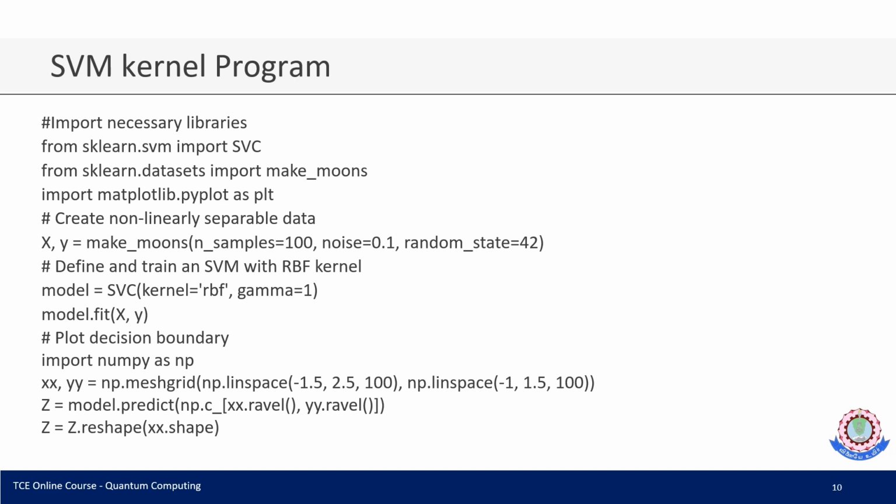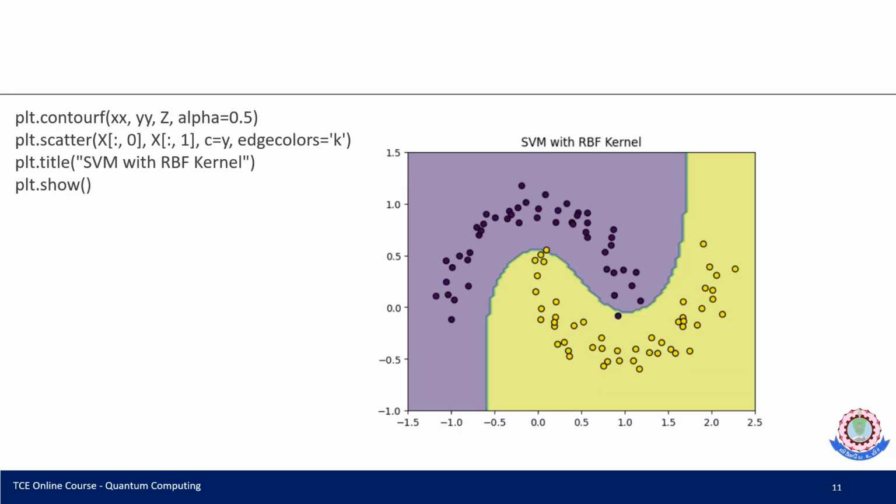First we import the packages related to SVM, and the dataset is also included. The Matplotlib library is also included, and with the functions we add the samples, noise, and random state. We then call the model and fit the model, and with the help of that we use model prediction and reshape the predictions. With that we can produce the scatter plot, and with this idea we can easily classify the data inputs.